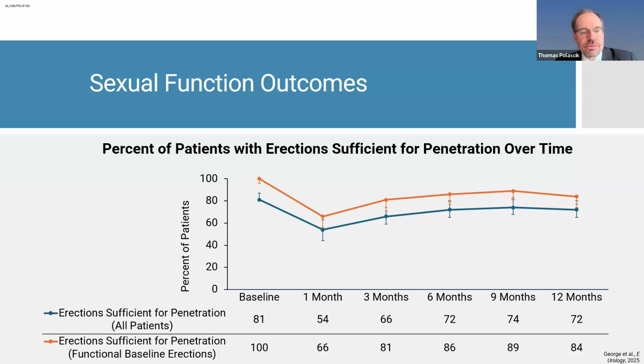And if you take a group that had sufficient erections for penetration going in, 84% of men had erections sufficient for penetration coming out. So again, that's very robust compared to traditional whole gland radical surgery or radical radiation therapy treatments. Next, please.